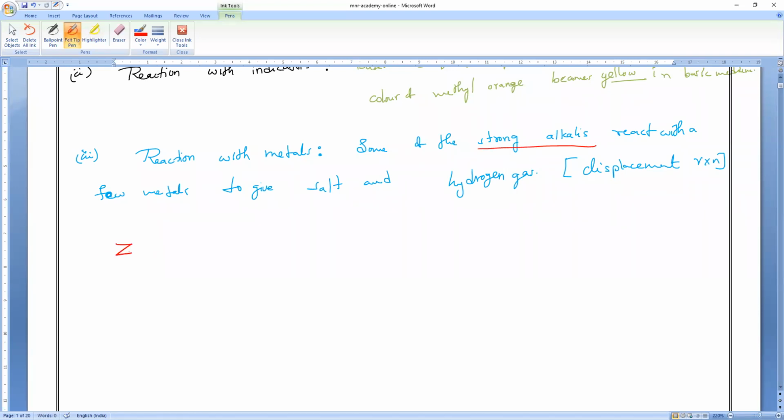If you take zinc metal, it reacts with sodium hydroxide, NaOH, in aqueous state, and forms the product called sodium zincate, formula Na2ZnO2, plus hydrogen gas. The name of this salt is sodium zincate. Remember that.